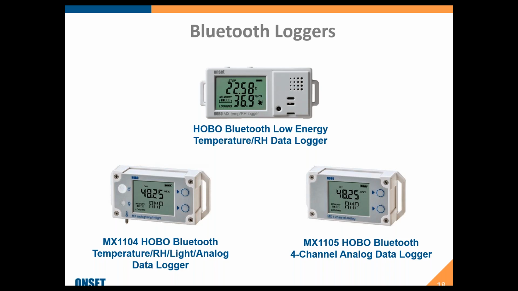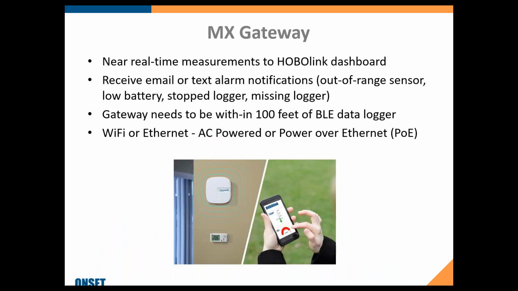So think of an external temperature probe, or a third-party sensor maybe that has a 4 to 20 milliamp output or a voltage output. And then the MX1105, which is the newer Bluetooth version of that UX124 channel that we saw earlier. That's going to give you supply return air, those types of measurements with external temperature readings.